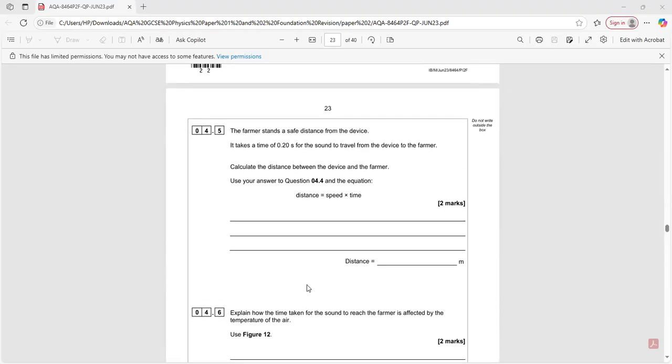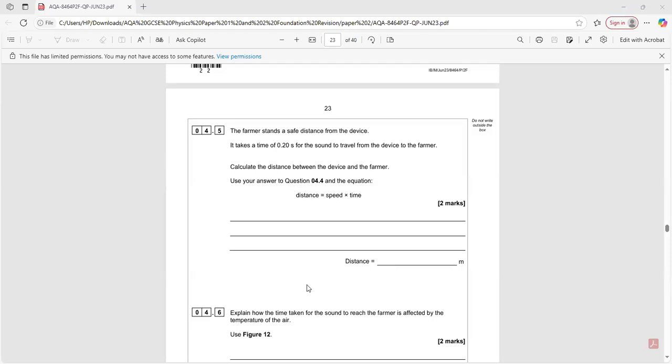Still on sound. It says the farmer stands a safe distance from the device. Of course, the sound is about to really get huge. Then it says it takes a time of 0.20 seconds for the sound to travel from the device to the farmer, that's for him to hear it.